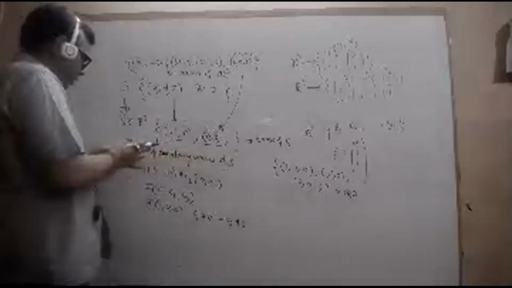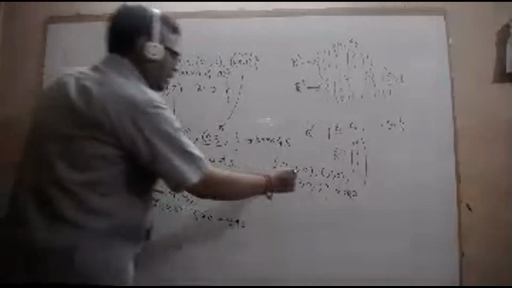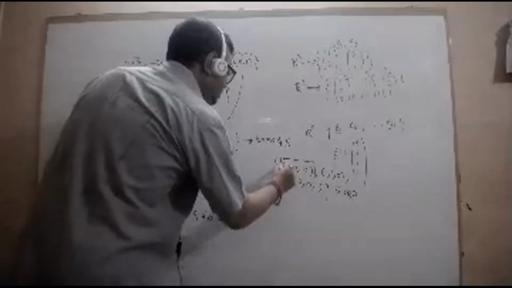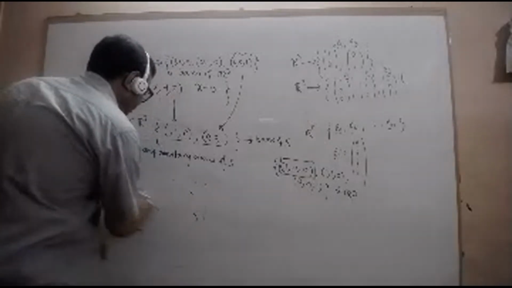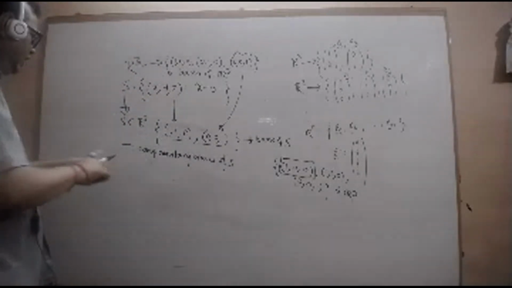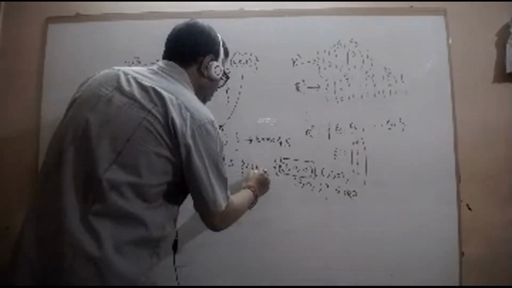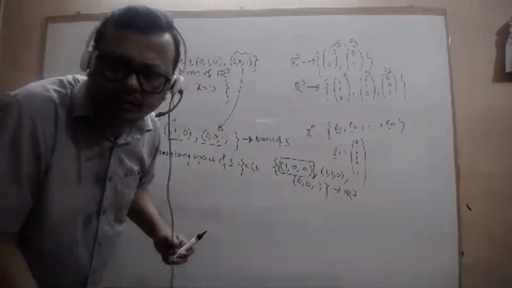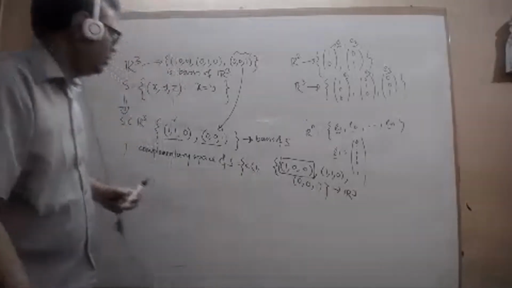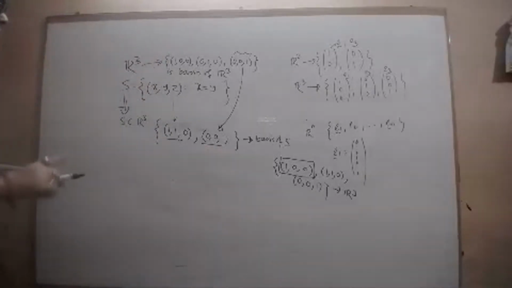So you see that these two vectors generate S, and if you consider these vectors and using this vector you generate T, that is a linear combination of C2 and C3.